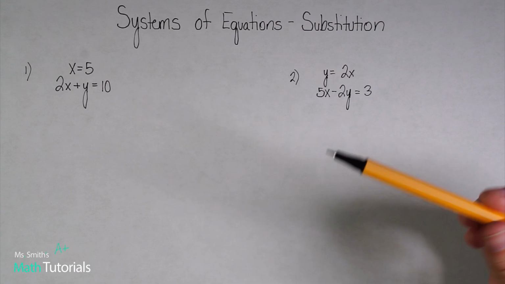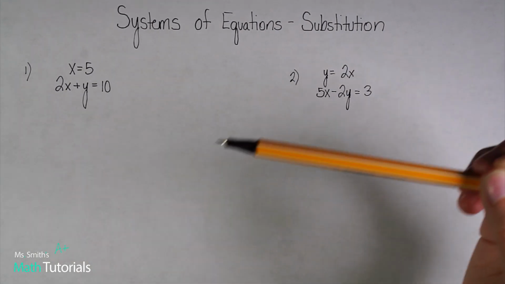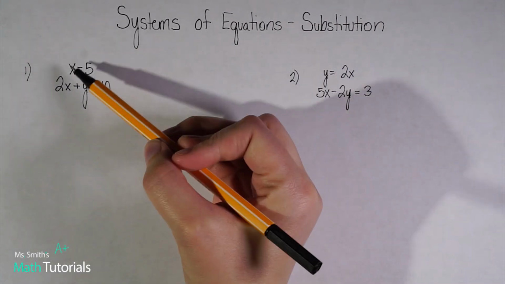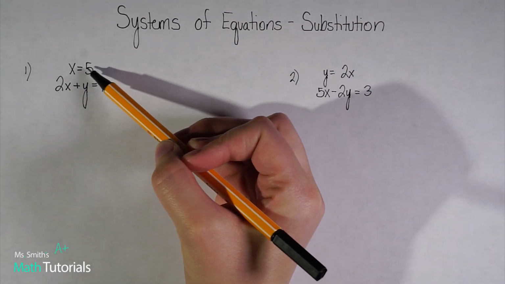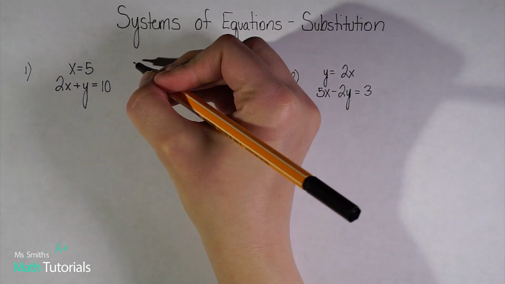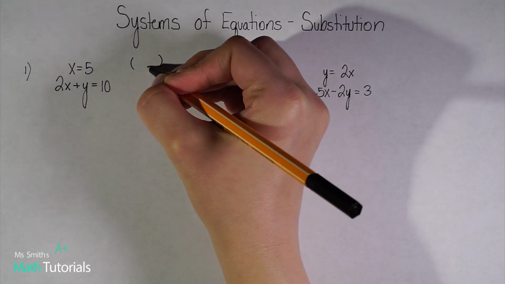So what you see in number one, this would be a perfect ideal problem where you would want to use substitution because I already have x alone and I know what x equals. So remember in my last video we talked about how our answer would always be in an xy form, right?